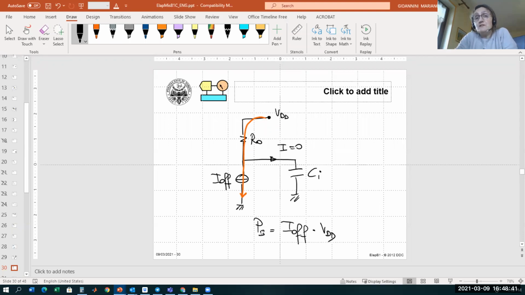This is extremely small because, as we learned last time, this I off is of the order of the nanoampere. So you have nanoampere times volt. In conclusion, this power dissipation for one stage is of the order of the nanowatt. So you can basically neglect it, okay? For one.